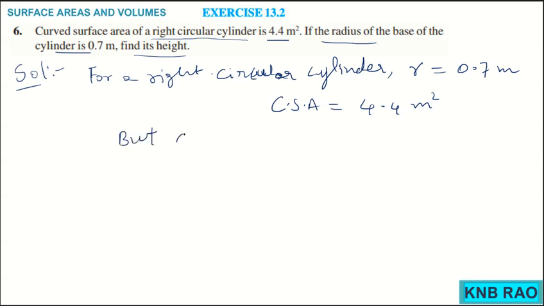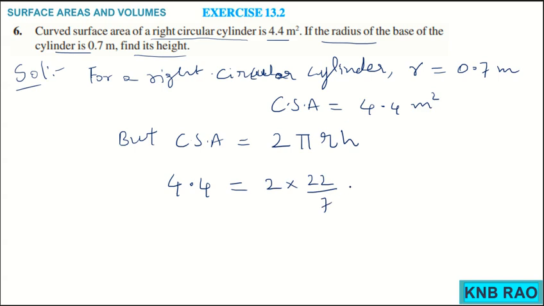But the CSA of any cylinder is found using the formula 2 pi r h. Here we will substitute the values. 4.4 meter square is 2 into 22 by 7 into 0.7. Since we don't know the height, we will write it as h.